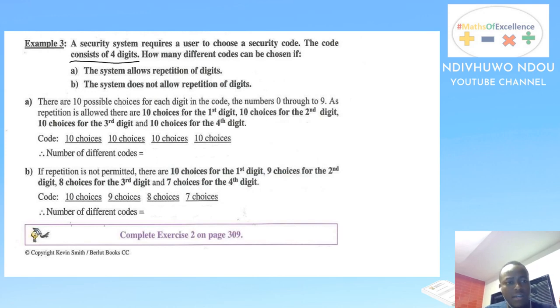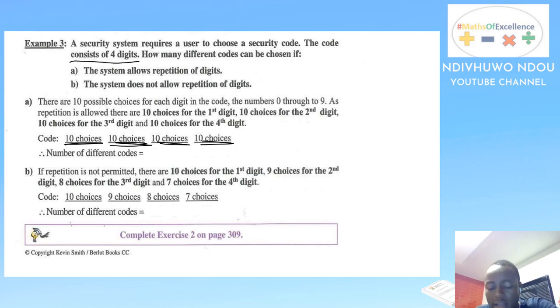So let us start with that one. If the system allows repetition of digits, how many codes can be chosen? So, or how many codes can be formed? So remember, the code consists of 4 digits. So hence we have 4 spaces there. 1, 2, 3, 4, right?